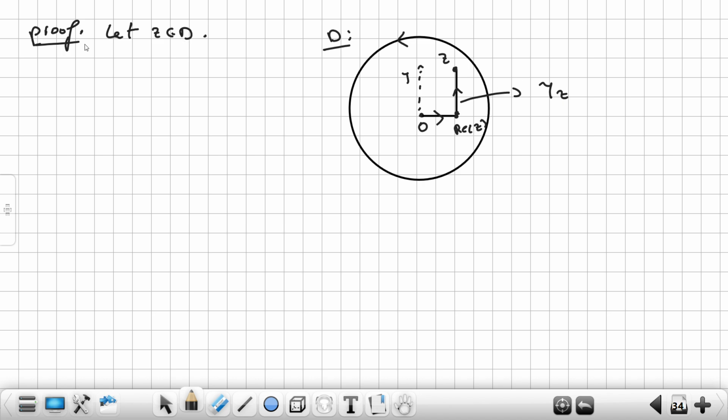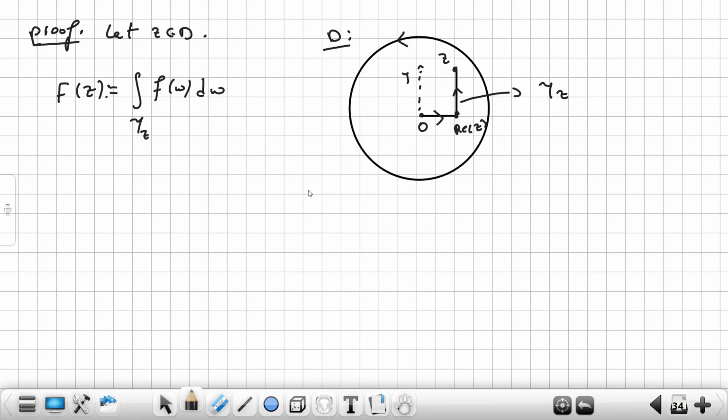Now, let capital F of z be equal, by definition, to the integral over gamma z of f of w dw. Our definition of gamma z makes this integral unambiguous and well defined.